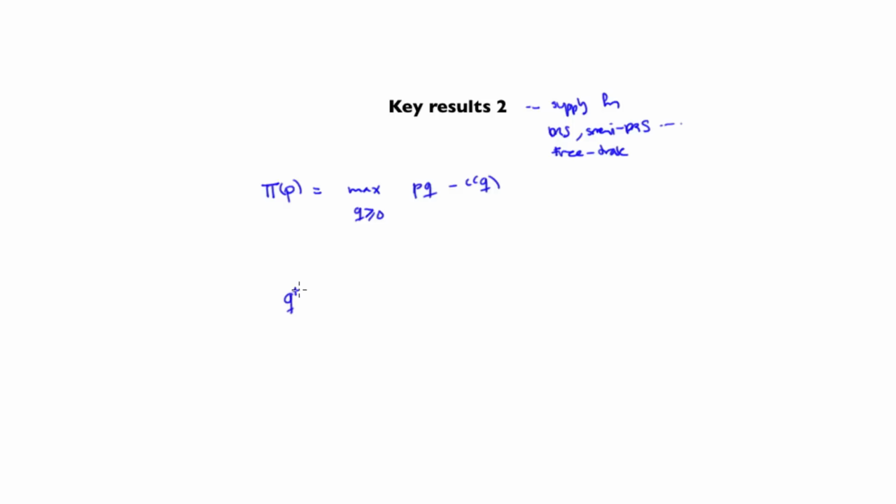And in general, for the general case, the supply function is going to have this form: 0 if P is less or equal than the minimum of the average total cost, but taking only into account the semi-fixed cost, and otherwise Q such that P is equal to the marginal cost of Q, and P is greater than or equal to the average total cost of producing Q, again taking into account only the SFCs.